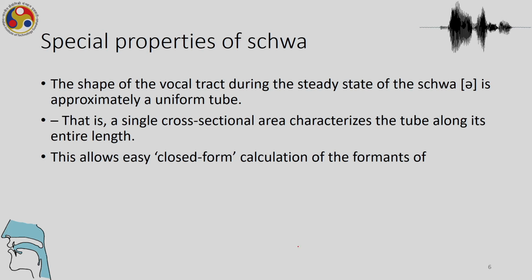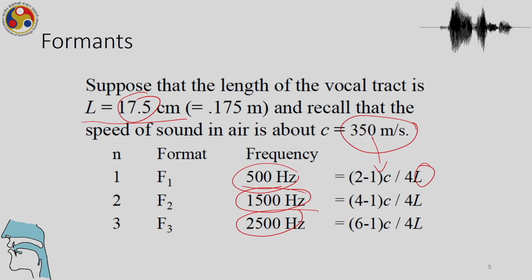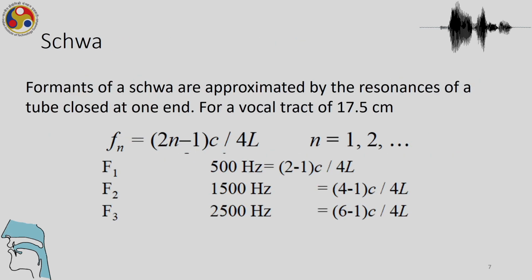So, it is a single area, and we will see that it cannot be said for the other vowels; we need more cross-sectional areas, which we will talk about when we talk about the other vowels. So, this allows for a closed form calculation of the formants of the schwa, and as a result, these are the predicted values of a schwa, that is 500, 1500 and 2500 hertz.